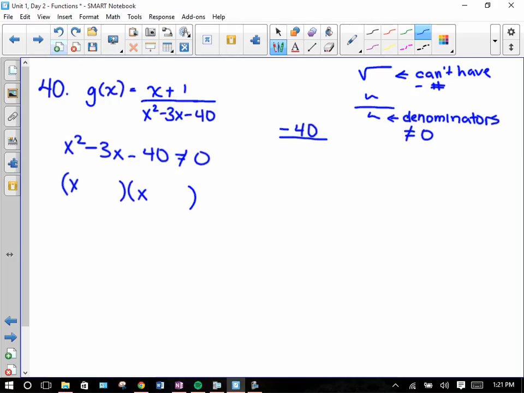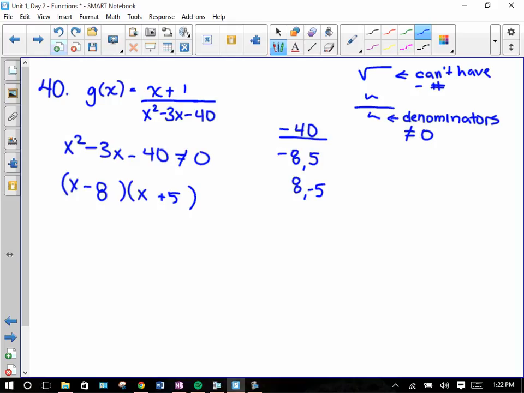Because they're 3 units apart, one's going to be positive, one's going to be negative. So I have negative 8, 5, 8, negative 5. If I add these numbers, which one of these will give me negative 3? Negative 8 and 5. So I put minus 8 and plus 5. Okay?